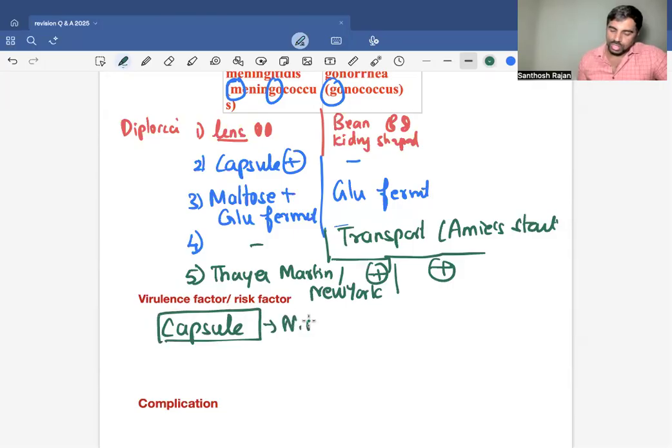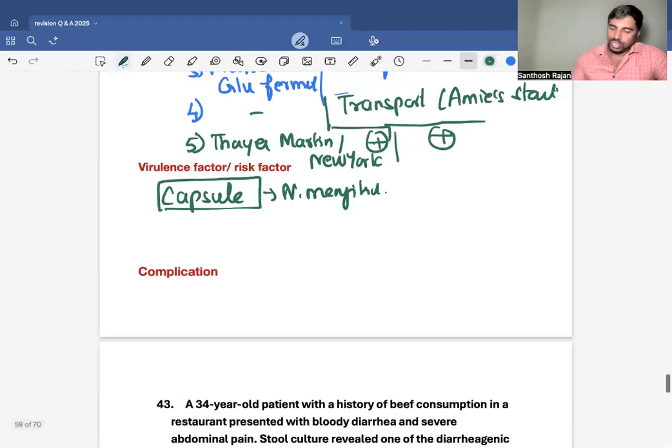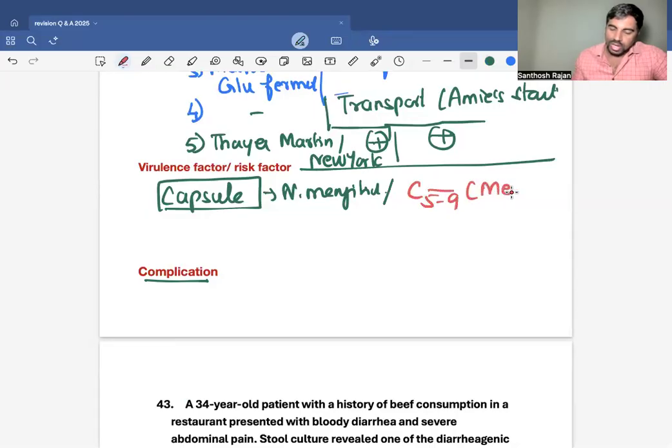Okay. Complication of Neisseria meningococcus and the risk factor also. Neisseria meningitidis is commonly seen in which patient? C5 to C9, also called membrane attack complex, deficiency, and asplenism or splenectomy.